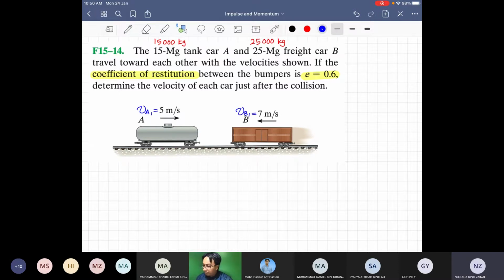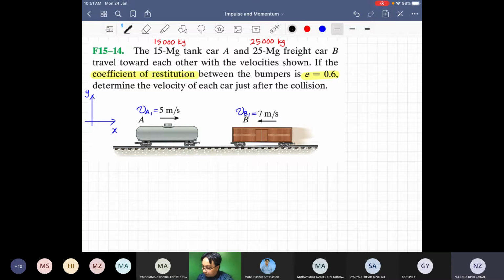Alright. So in this case, let's define our coordinate system so that kita tahu yang mana positif, yang mana negatif. This will be Y, this will be X. So kita ambil X ke kanan sebagai positif. So kita senaraikan apa yang kita ada.